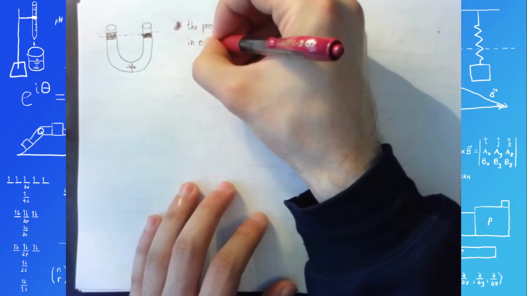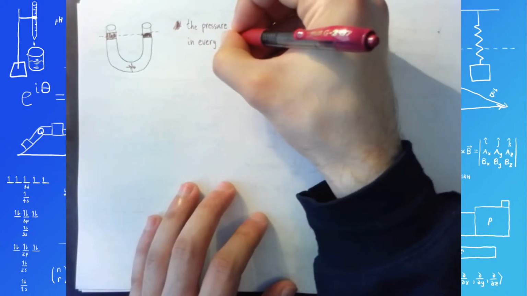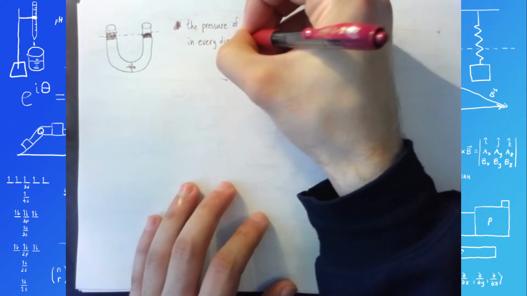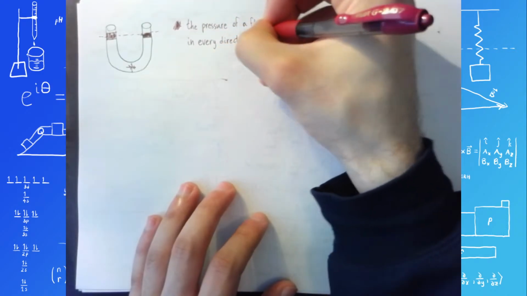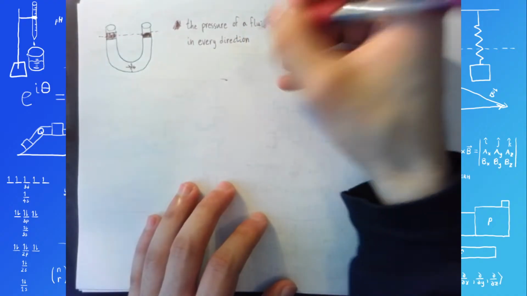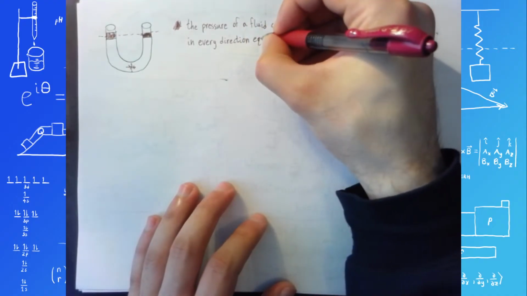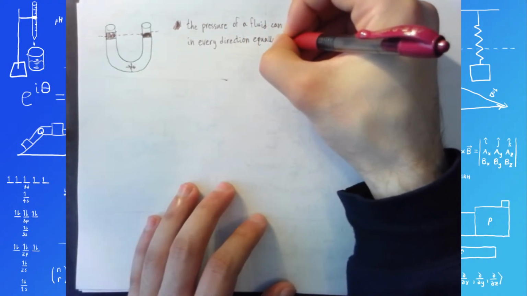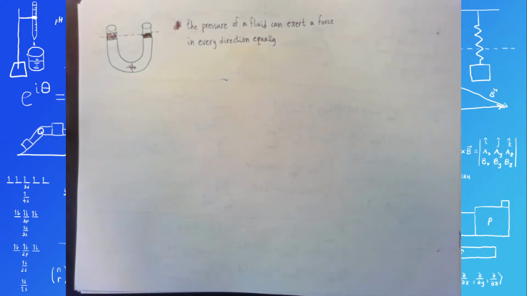In every direction at once, or in every direction equally, might be a better way to say it. The pressure of a fluid can exert a force in every direction equally.